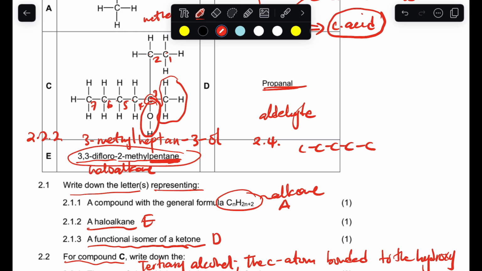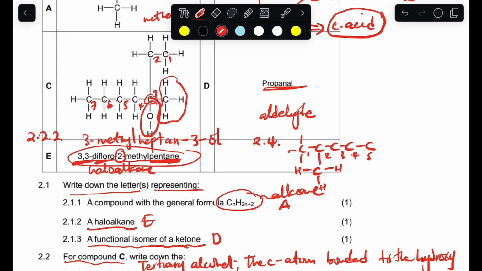And then in carbon 2, we have 2 methyl. So let's say this is our carbon 2. That can be your carbon 2, doesn't matter. Let's have the methyl here, right? And then, guys, don't forget the hydrogens. I'm not going to write them. We have a methyl there. That means this is carbon 1, this is 2, this is 3, this is 4, this is 5. And then in carbon 3, it says 3,3-difluoro.